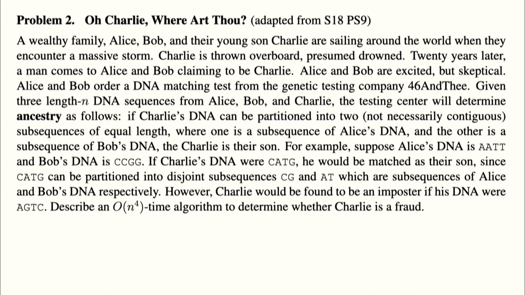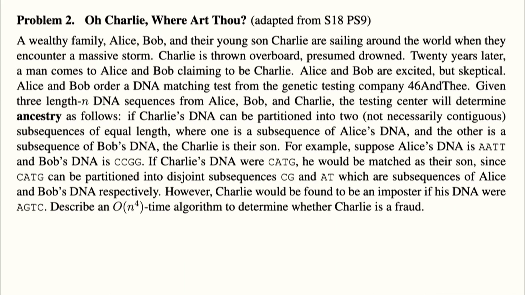Alice and Bob are excited but skeptical, and they order a DNA matching test from the genetic testing company 46andV. Given 3 length n DNA sequences, basically strings of C, G, T, A, from each of Alice, Bob, and Charlie, the testing center will determine their ancestry as follows.